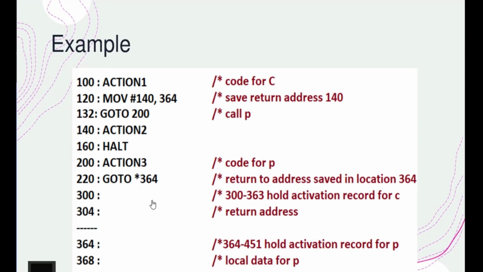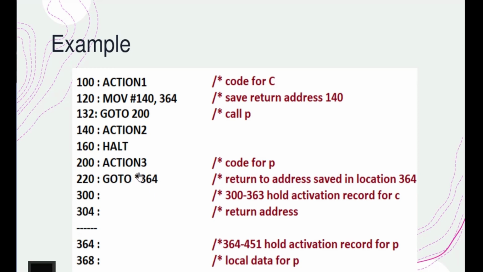And after it we have go to *364. So what does this mean? Go to callee.static area. If a static area is given, this transfers the control to the address saved at the beginning of the activation record. That is, it returns to the address saved in location 364.